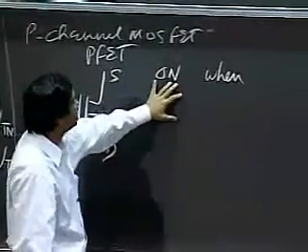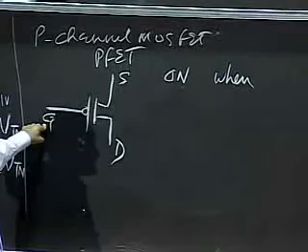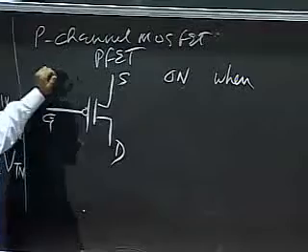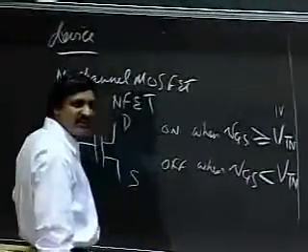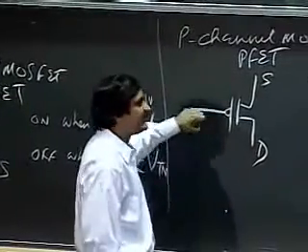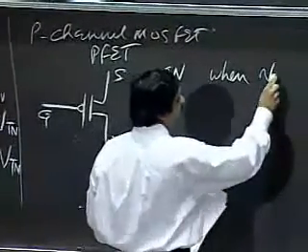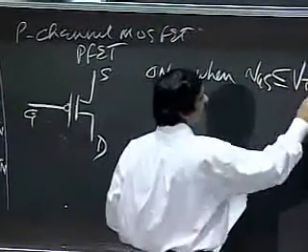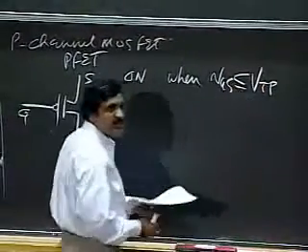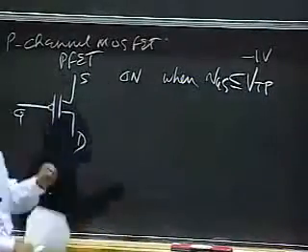In this case, I want this to turn on when VGS is some value which is much lower than the source voltage. Okay, so this guy turned on when the gate voltage was higher. This guy should turn on when the gate voltage is significantly lower than the source voltage. Just the complementary behavior. So VGS less than or equal to VTP. And in this case, the threshold voltage for the PMOS device, just as an example, maybe minus 1 volt.